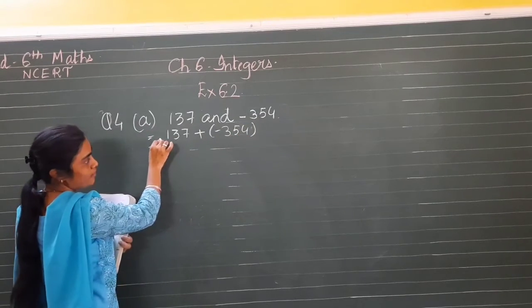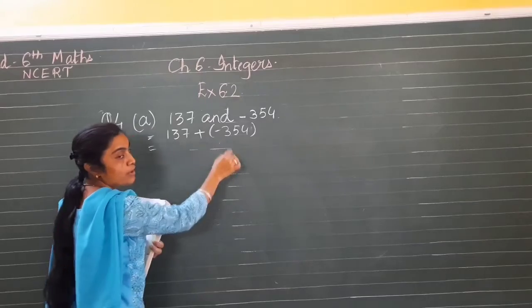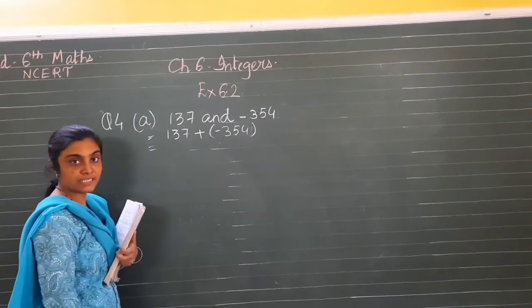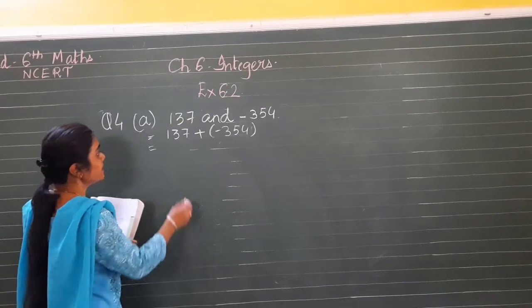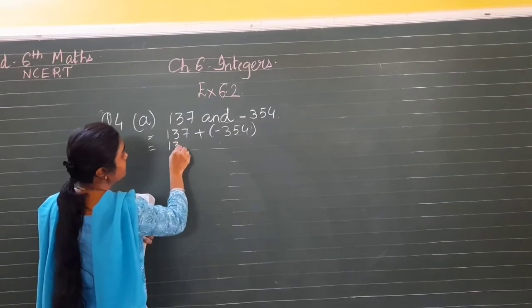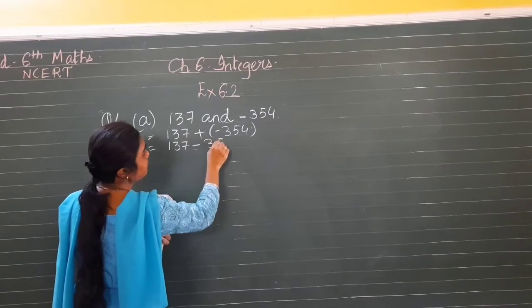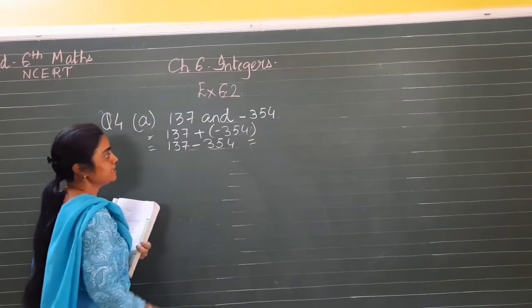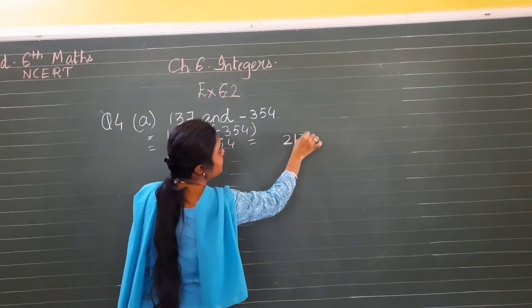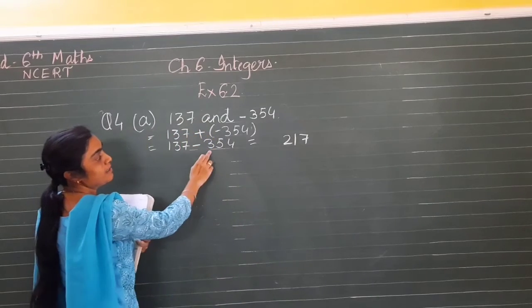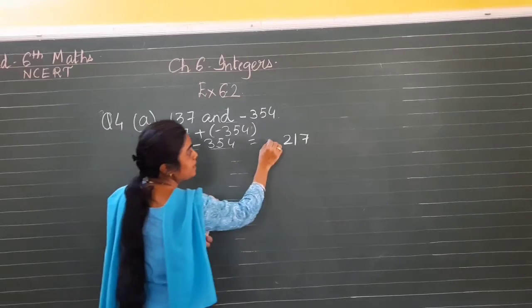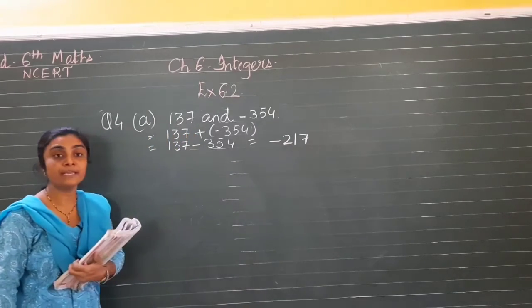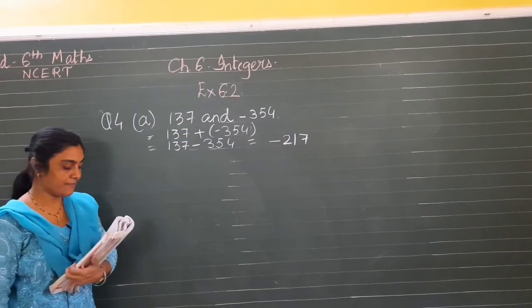Now this number is positive and this number is negative. So according to the rule, if one number is positive and the second number is negative, you have to subtract. If you subtract, the answer will be 137 minus 354, which is 217, and the number 354 is bigger and it has a minus sign. So the answer will be minus 217.